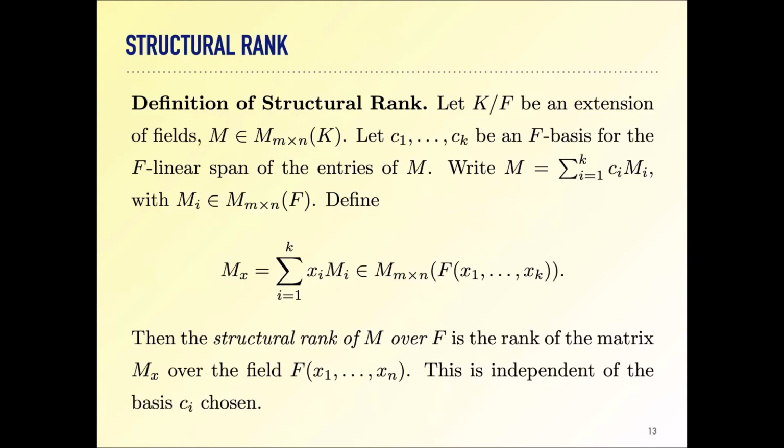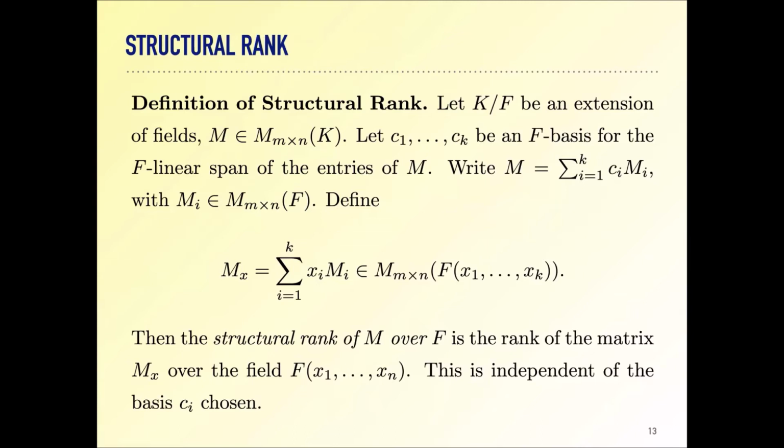Okay, so let me present it in a slightly more general way. So let's say I have an extension of fields and I have a matrix, an m by n matrix, does not have to be square, with coefficients in the larger field. And we take an F basis for the F linear span of the coefficients of this matrix.